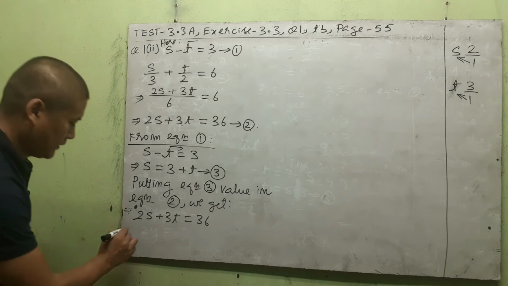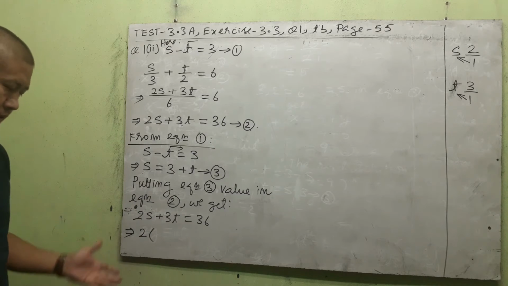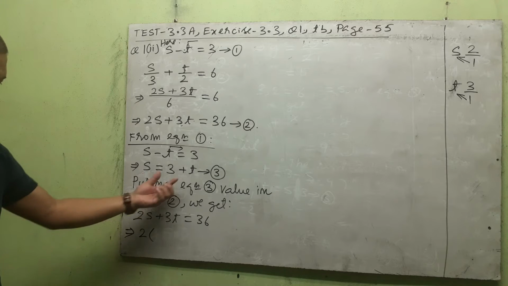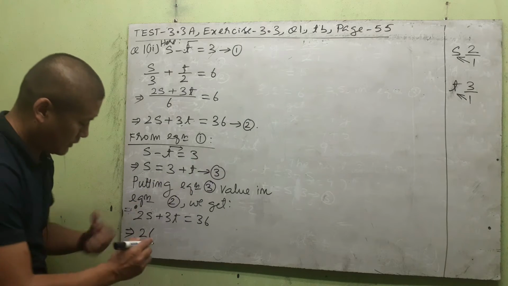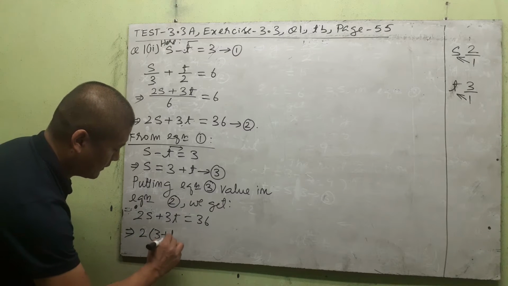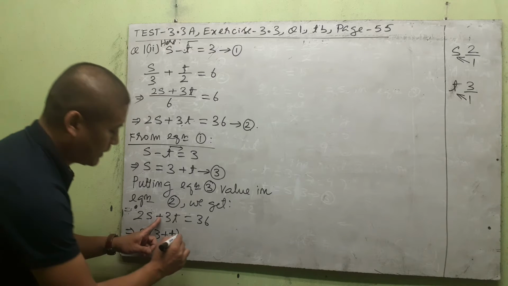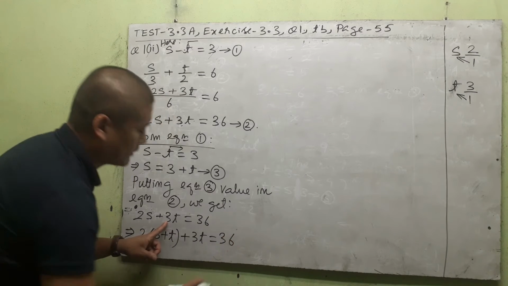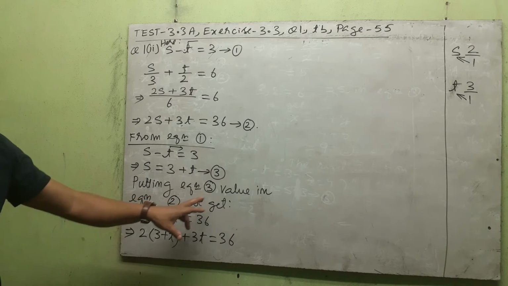Do it slowly so that you're getting it nicely. So 2 into the bracket: this s is going to be replaced by 3 plus t. In place of s, you put 3 plus t, then close the bracket. Up to here is finished. Next is a plus, so write plus 3t is equal to 36. That is the meaning of putting the value of 3 in 2.